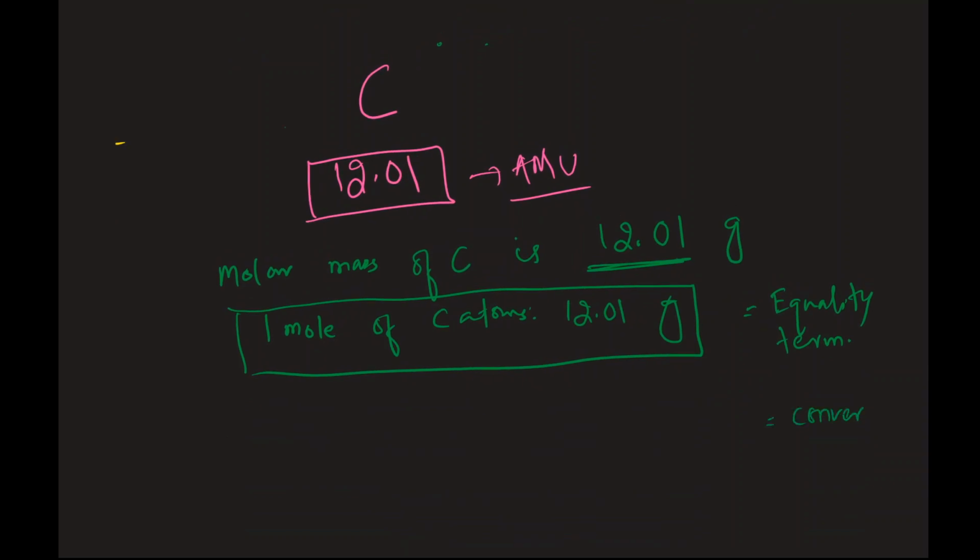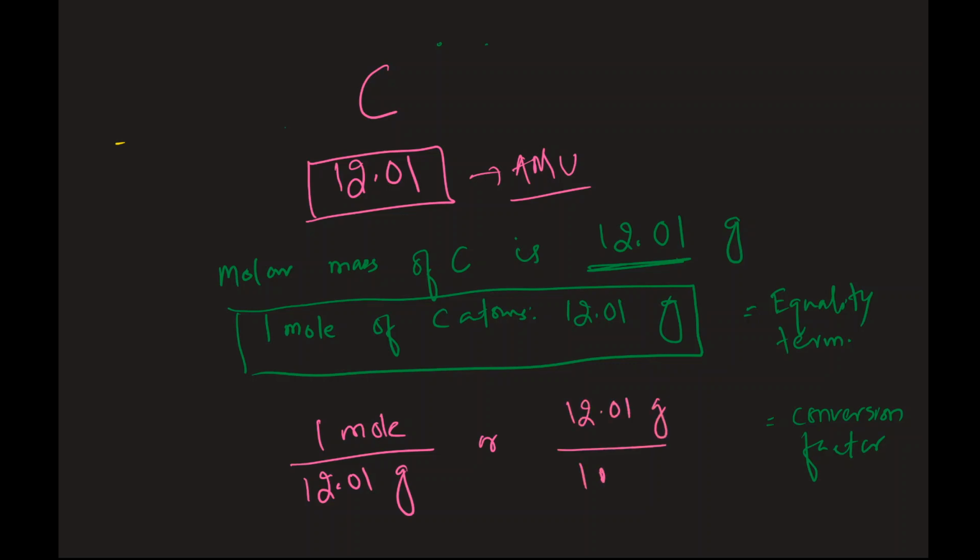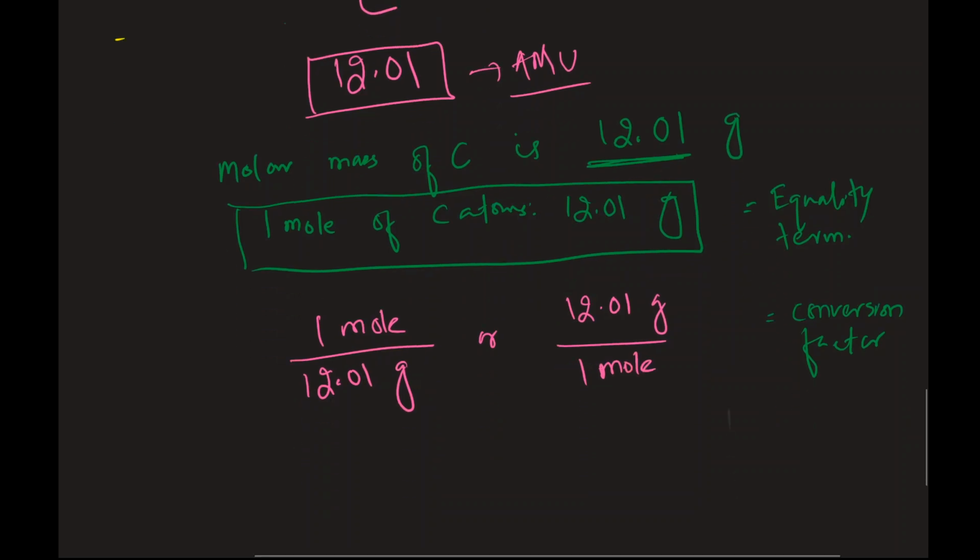This is critical, guys. You will be using this a lot for the rest of the semester and the rest of your chemistry career. The conversion factor would be: per each 1 mole, it weighs 12.01 grams, or 12.01 grams equals 1 mole of carbon atoms. So that is our conversion factor.